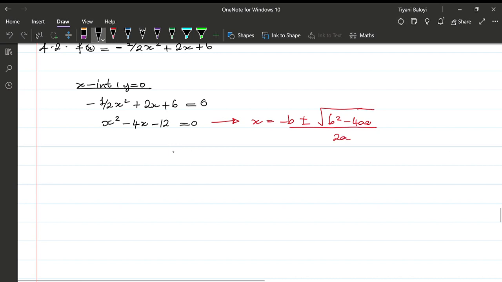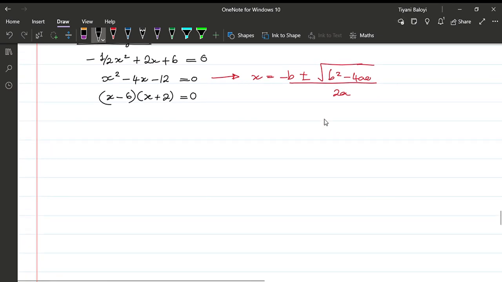Everyone knows how to use the quadratic formula, so I'm assuming that. But you can also use what? Factorization. Factorization is grade 10 and grade 11 work, maybe even grade 9. So you do need to know how to factorize. It makes life much easier.